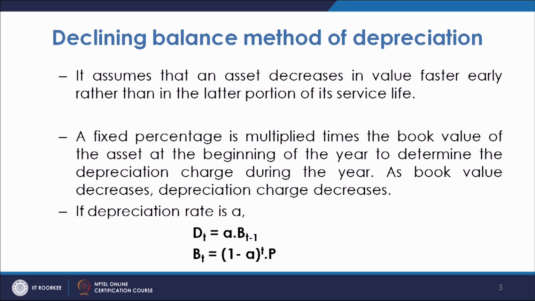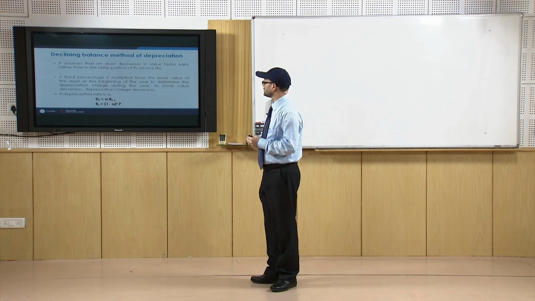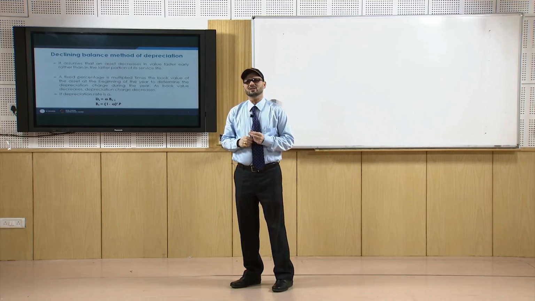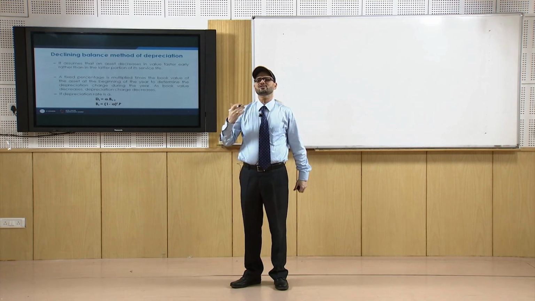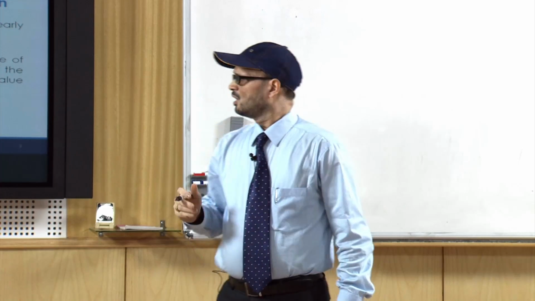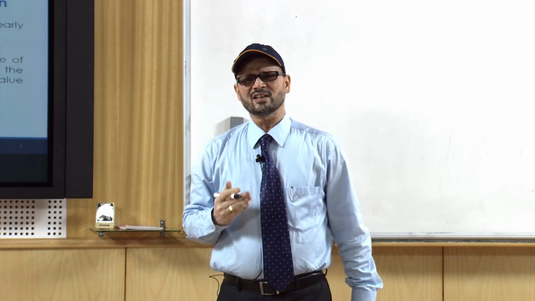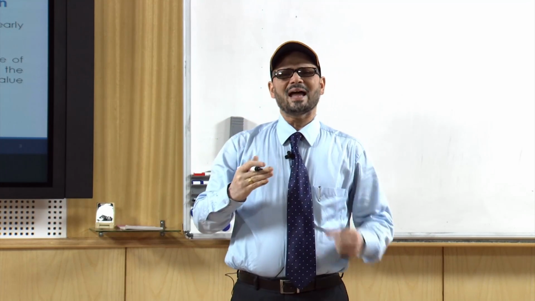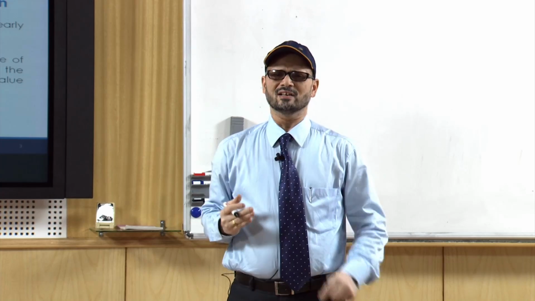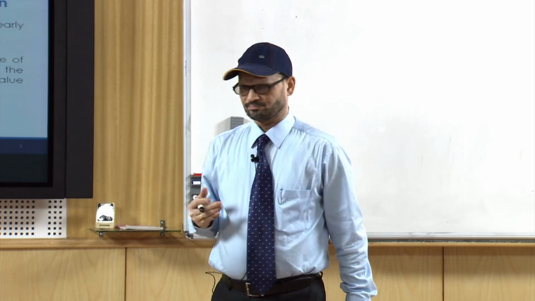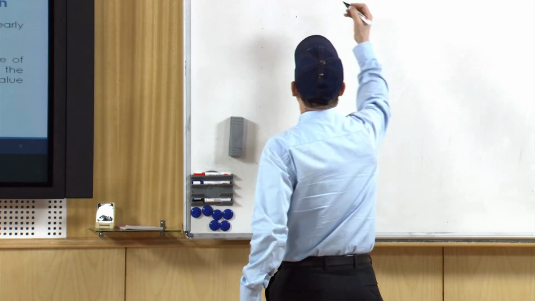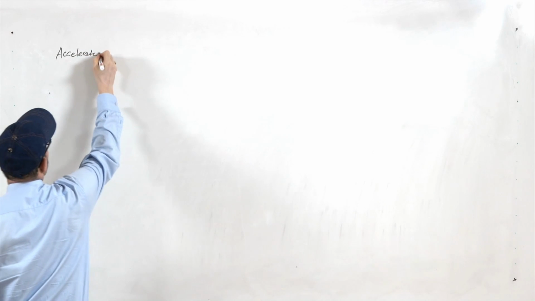Now, we will discuss another method of depreciation, that is the declining balance method of depreciation. We discussed the straight line method, where the amount of depreciation is uniform. In many cases it is assumed that the depreciation during the early years should be larger. These are known as accelerated methods of depreciation.